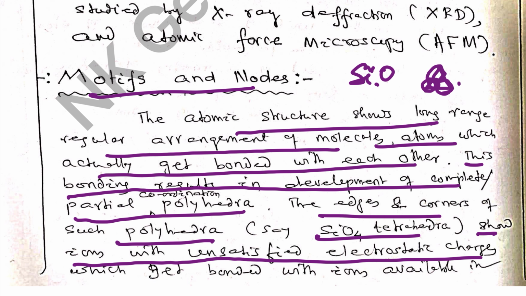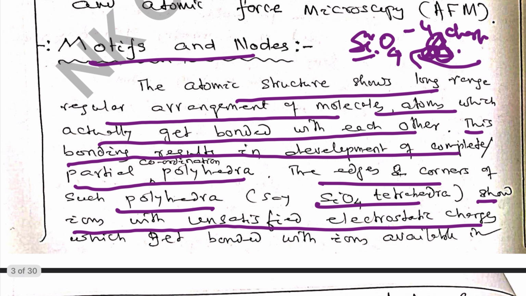For example, the SiO4 tetrahedron has -4 charge: silicon +4, oxygen -8, so it will be -4 charge. So it has unsatisfied electrical charge. Therefore, it has to link with other cations so that it will be electrically neutral. That happens because we know the crystals are electrically neutral, atoms are electrically neutral.